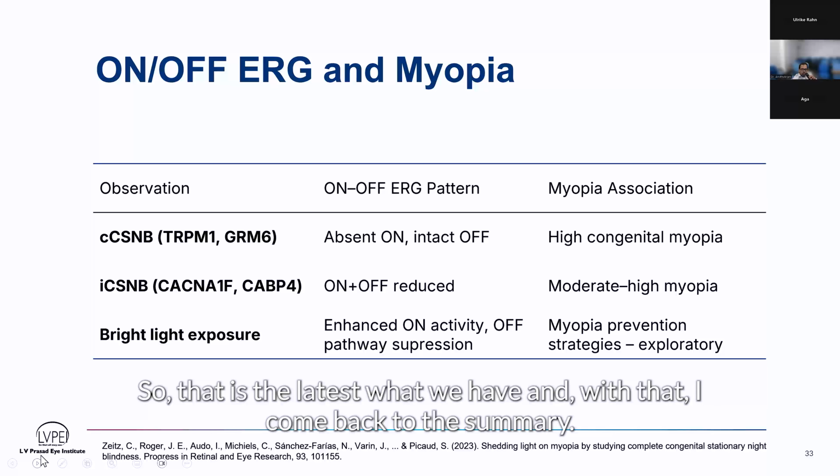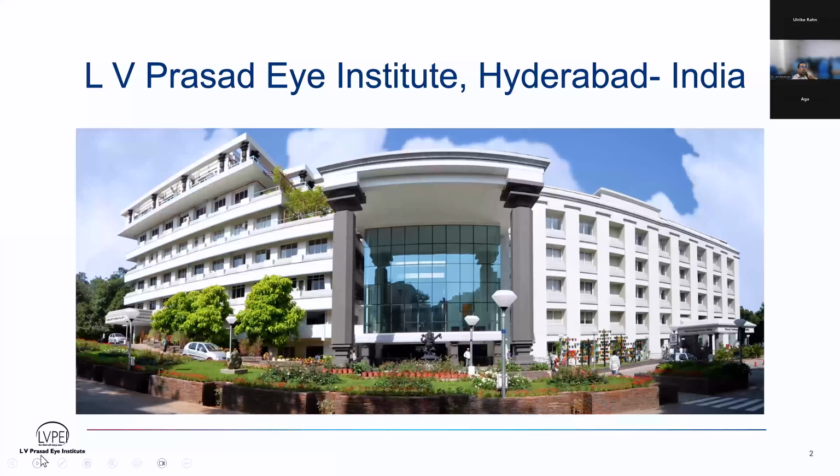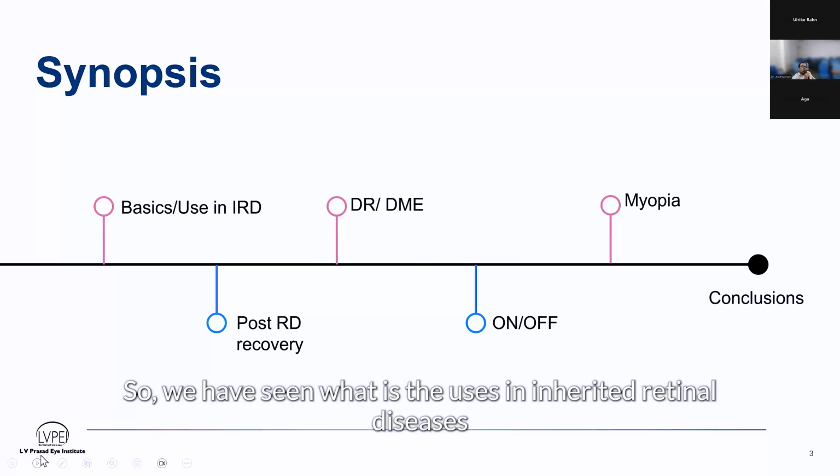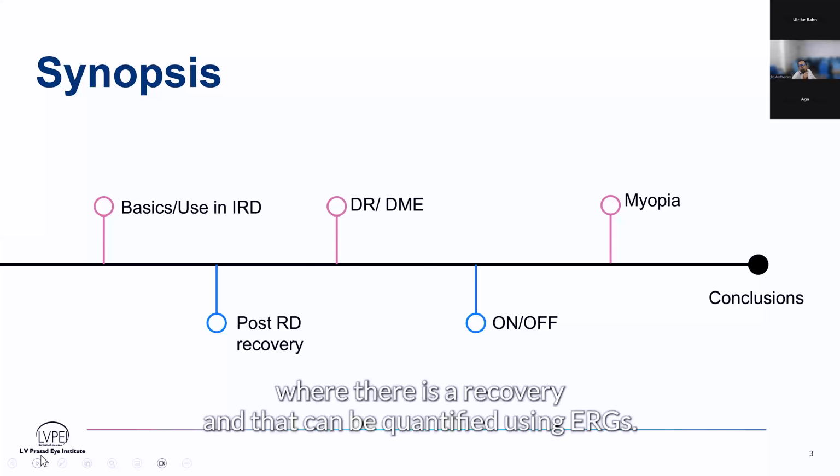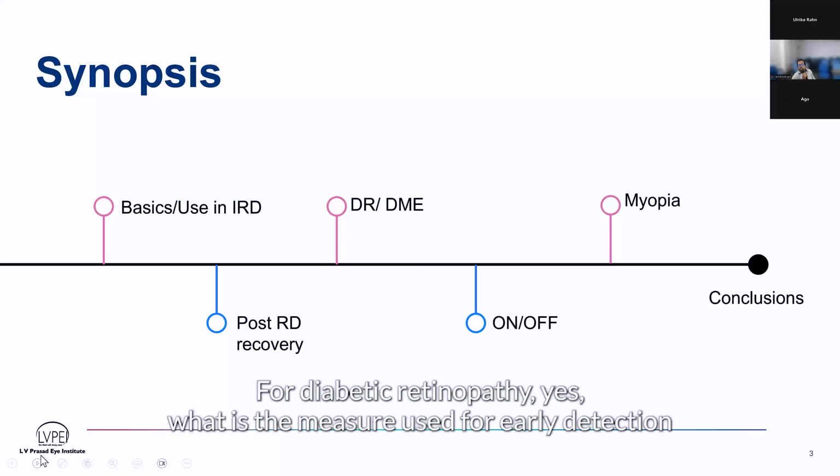And with that, I come back to the summary. We have seen the uses in inherited retinal diseases, and what happens in retinal detachment cases, post retinal detachment, where there is a recovery that can be quantified using ERGs.